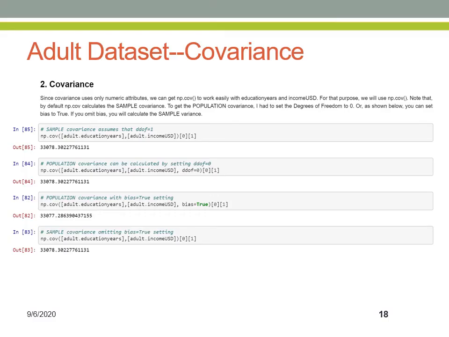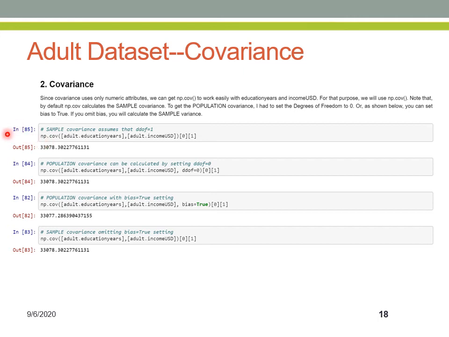Here we're looking at the covariance calculations for our education years and our income USD attribute in our adult data set. And for each of these 4 different calculations, we're using our covariance function from the NumPy library.